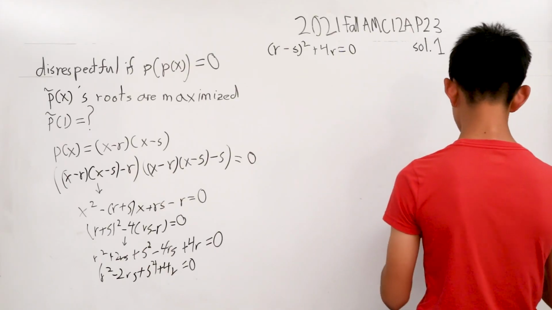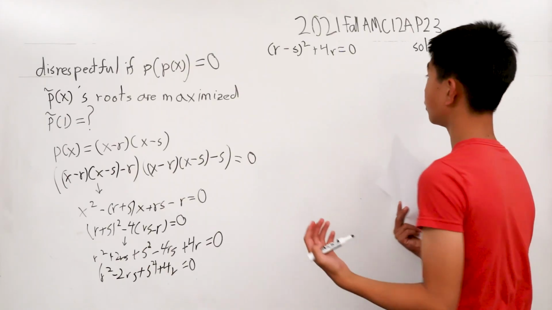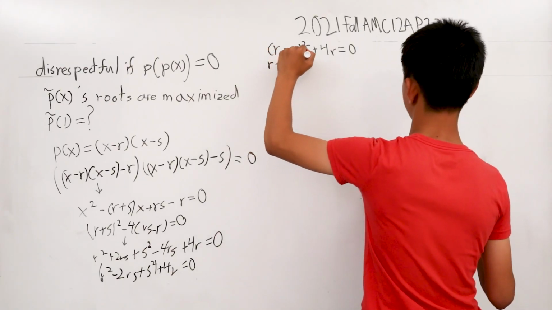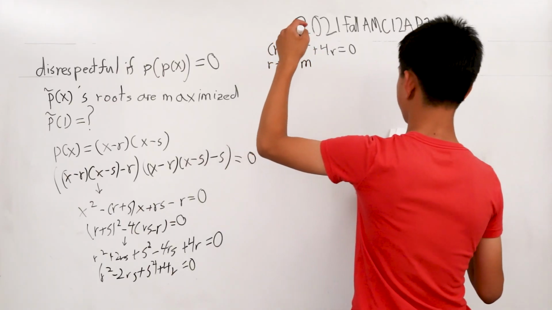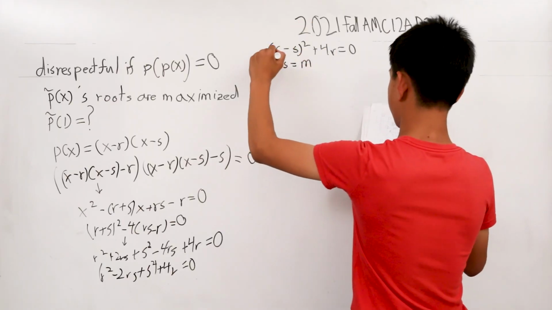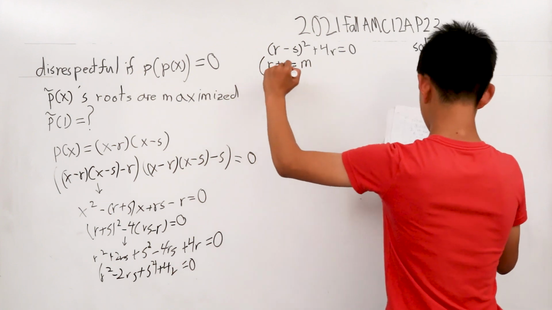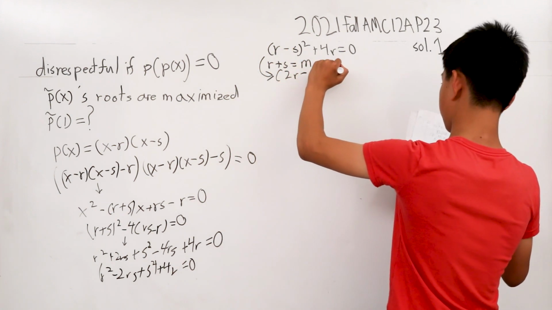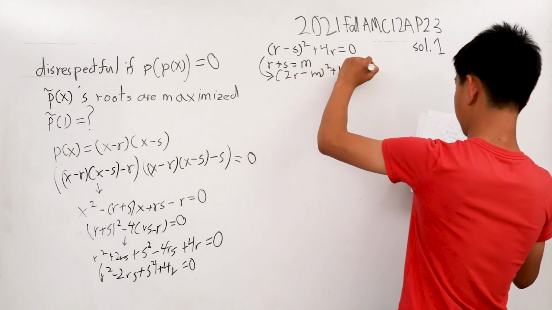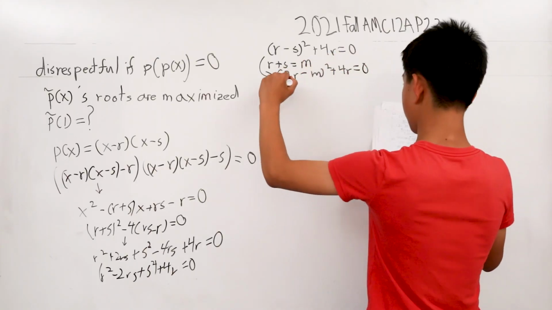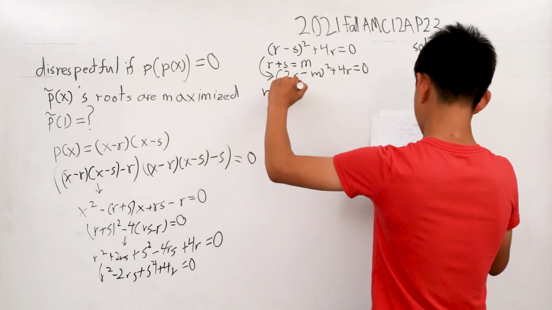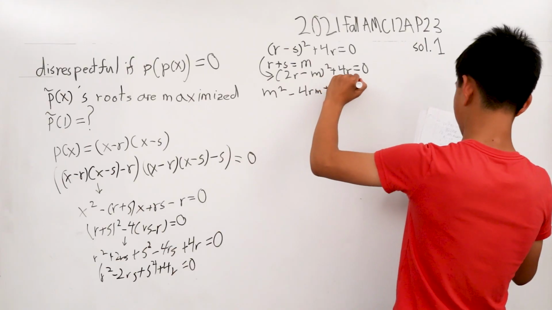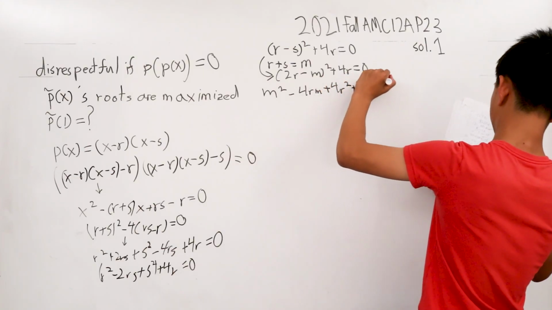Now we have that. Since you want to maximize this value, let's call the sum of r and s to be m. So simply, when you plug this in, this then becomes 2r minus m squared plus 4r is 0. When you expand this, this is m squared minus 4rm plus 4r squared plus 4r is 0.